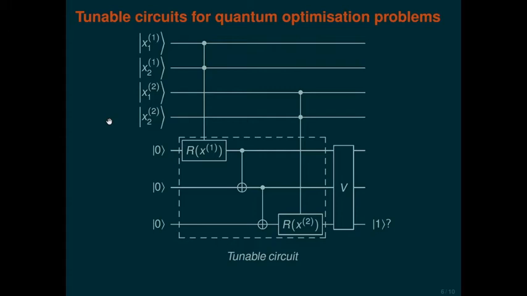If these are rotation gates, then I can simply decompose this rotation gate as a product of rotations of exponentially increasing, like binary angles, and then basically controlled on these registers, I can do this controlled rotation. So this is how I make my circuit quantumly tunable.